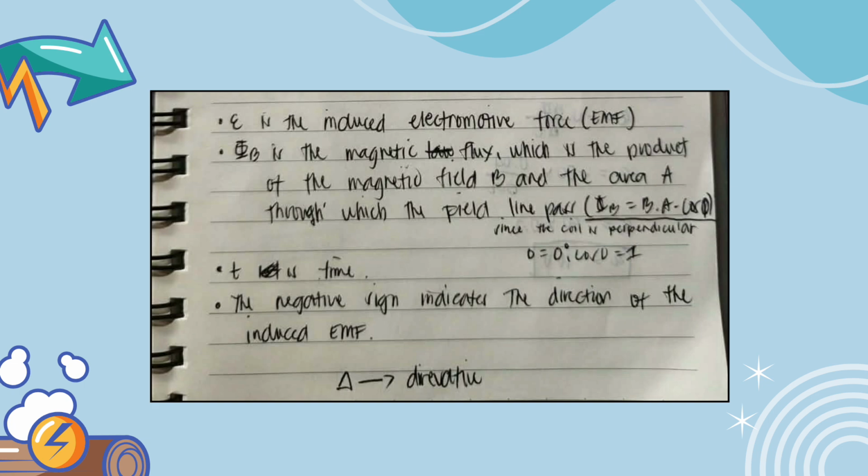Since the coil is perpendicular, the cosine term is one. And the t is time, and the negative sign indicates the direction of the induced EMF. And this triangle, this is the derivative.